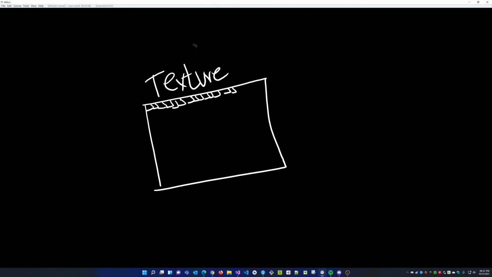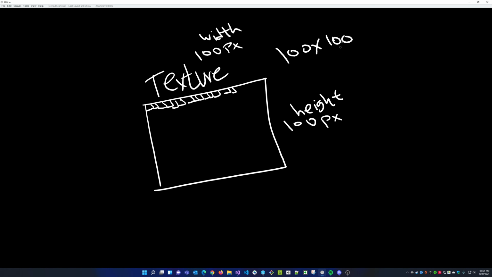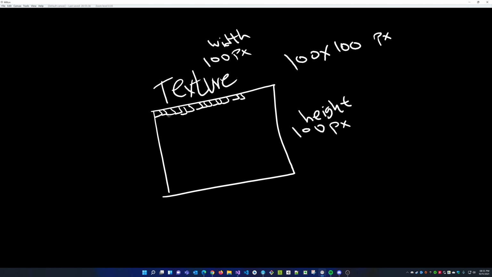Let's say this is a 100 by 100 pixels texture. So px for pixel. This is the width, this is my height. So my texture is 100 by 100 pixels, and that means there are 100 pixels in a row and 100 pixels in a column, right?